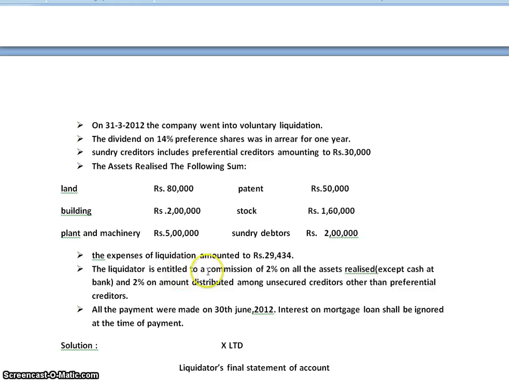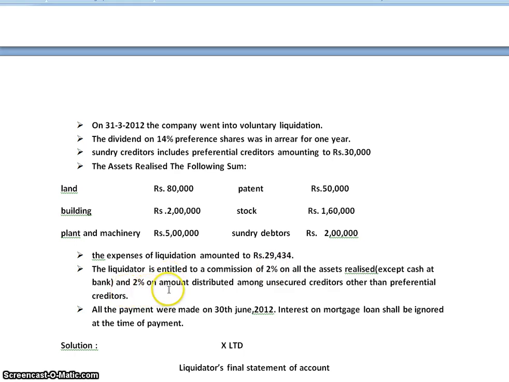Next, the liquidator is entitled to a commission of 2%. The liquidator who is carrying out this liquidation process will get 2% commission for selling the assets on behalf of the company, except cash at the bank. That means excluding the cash amount, the amount received by selling assets like the land, building, machinery, patent, stocks, including the debtors, on all this amount he will get a commission of 2%.